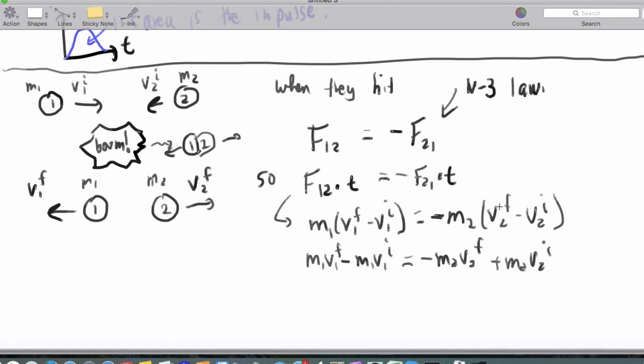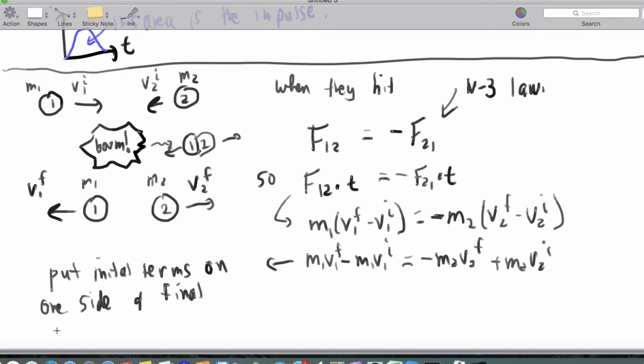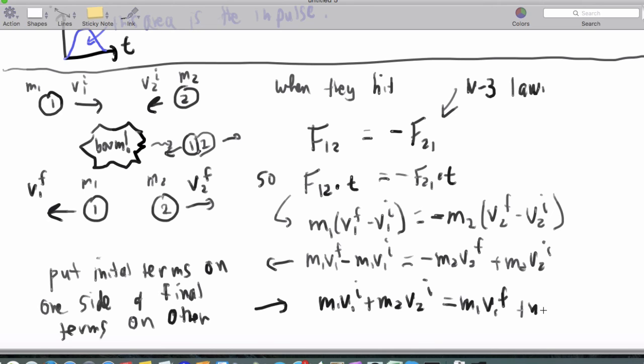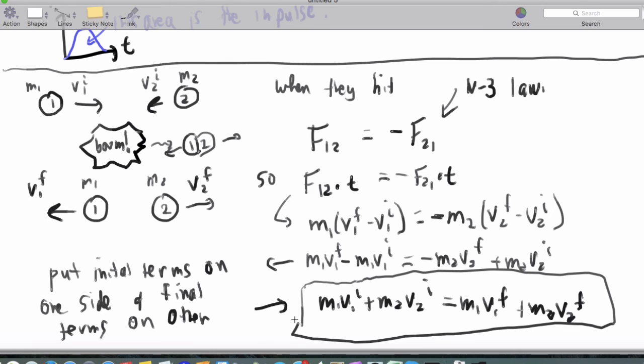When we gather all the initial terms on one side and the final terms on the other, we'll end up getting m1 v1 initial plus m2 v2 initial equals m1 v1 final plus m2 v2 final. And we call this principle the conservation of momentum.